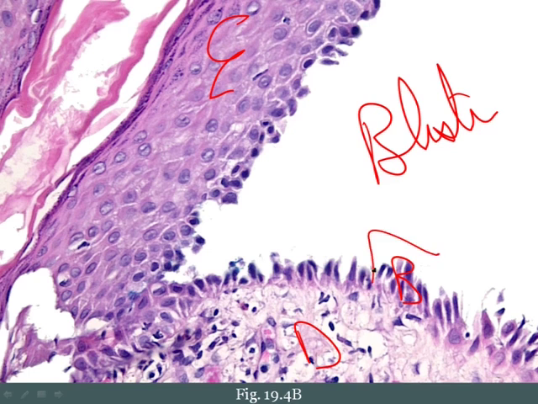Remember that the basal cells are going to remain attached, and the reason why the basal cells remain attached is because the basal cells are attached to the basement membrane via hemidesmosomes instead of desmosomes. And so this is also called the tombstone appearance because it appears that you have these little tombs sitting here against the basement membrane.